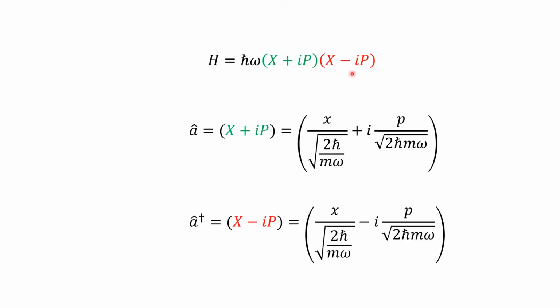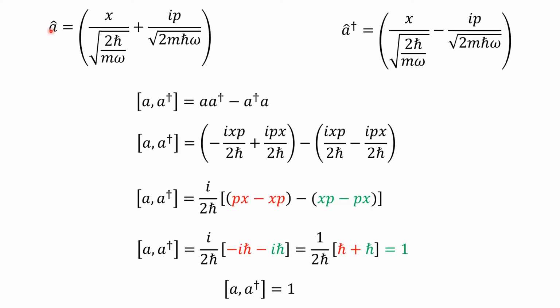I have taken this in red color font, X minus iP, both capital. Capital X is equal to small x divided by square root of 2 h cross divided by m omega, and capital P is equal to small p divided by square root of 2 h cross m omega. Of course, here one i is there. So we will see what will happen to this expression.